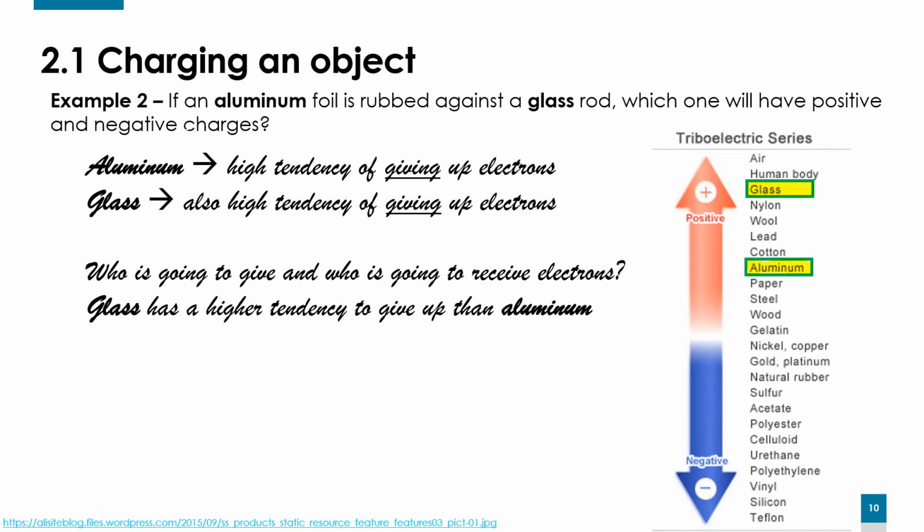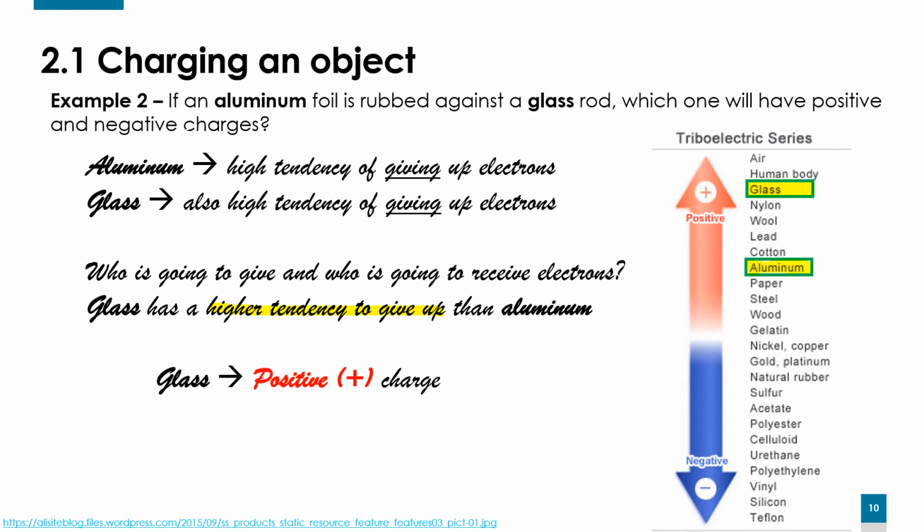So if they are competing for the electrons, aluminum holds the electrons more strongly. So aluminum holds the electrons better. So it means glass will give away the electrons more easily, while the aluminum will hold them.